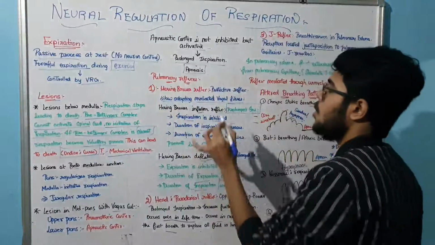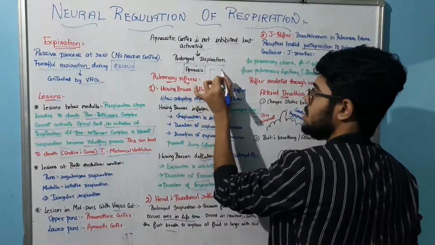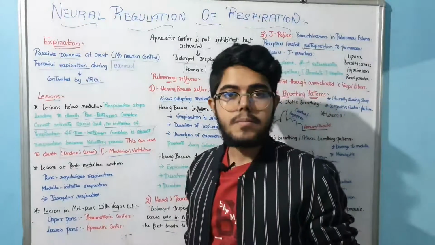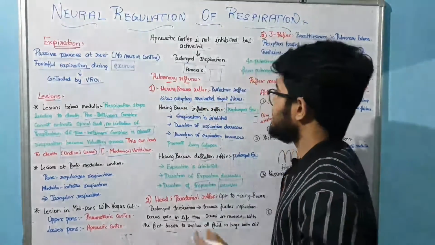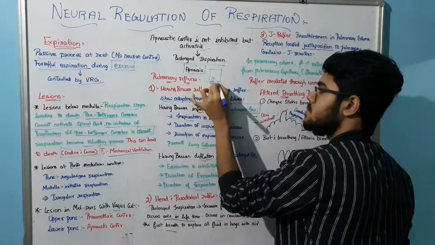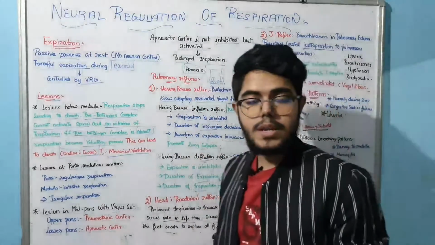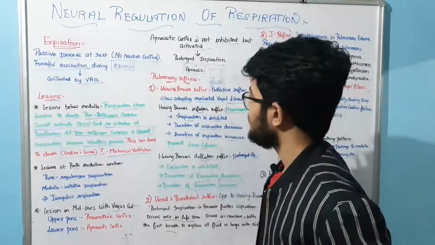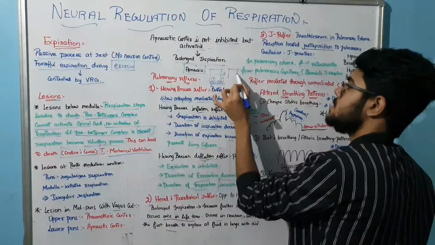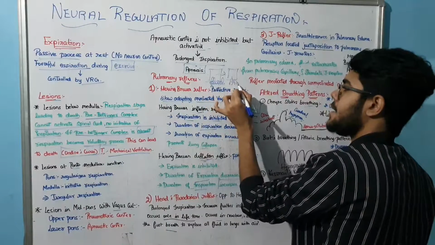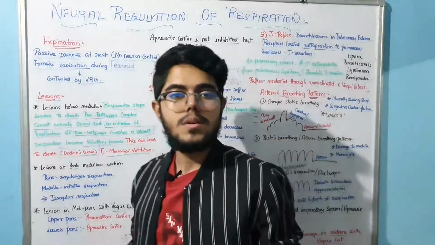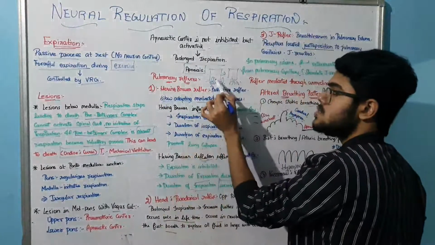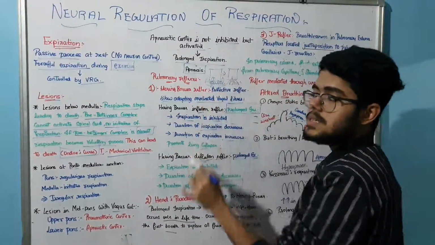This concept, let me write here. So in the baby in the mother's womb, the lung is filled with fluid. When the baby comes out, this fluid must be replaced with air.